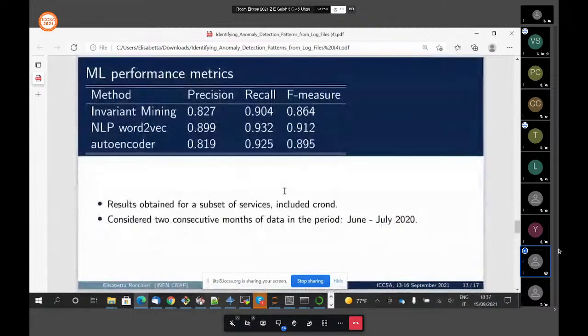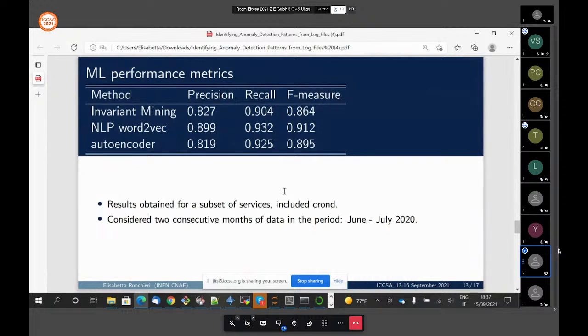Here I summarize the results of the machine learning techniques. As you can see, the results are similar. We get good results with the NLP word-to-vec techniques, but the other two techniques are also considered promising in order to determine the anomalies.